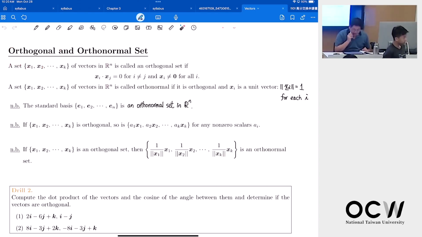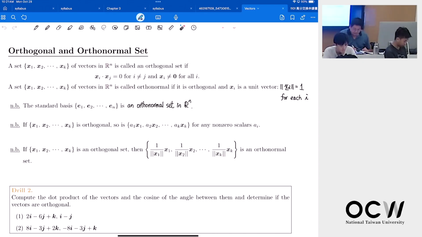And if your vectors are divided by their magnitude or norm, that will be a unit vector. And these unit vectors, if their dot product is also 0, then we say it is orthonormal. Okay.